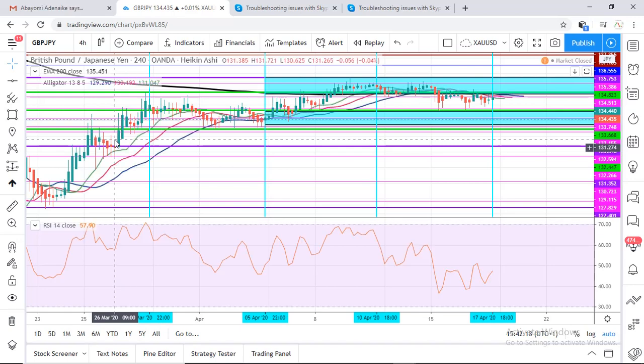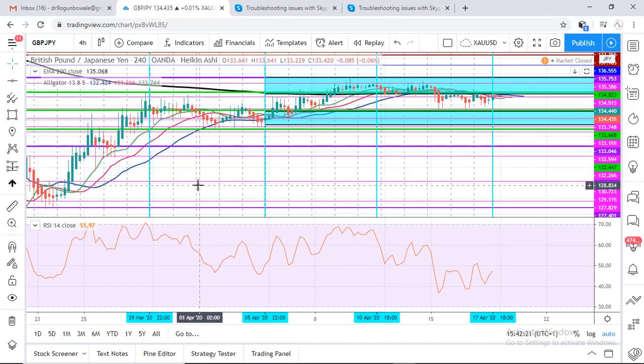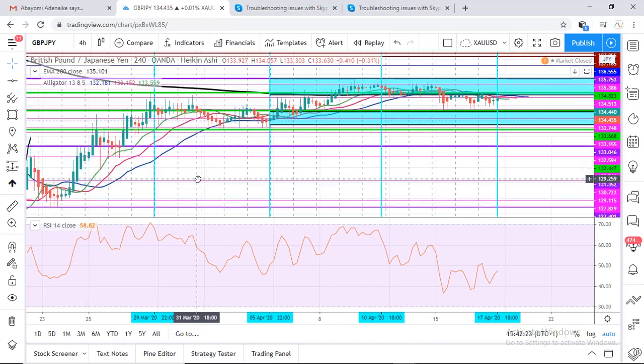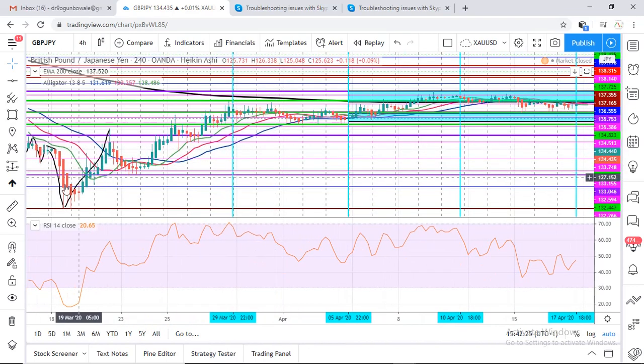On a 4-hour candle, you can see our entry was really around here. The price came down, and at this point on the 4-hour candle it crossed.